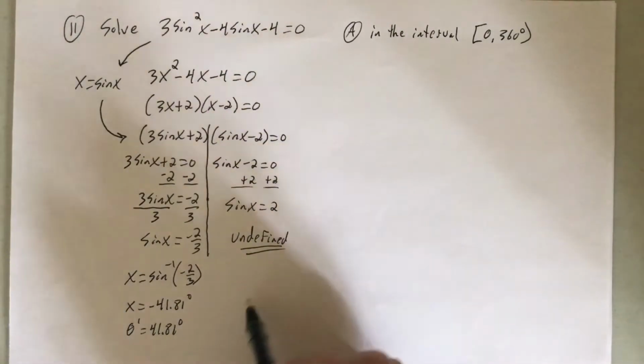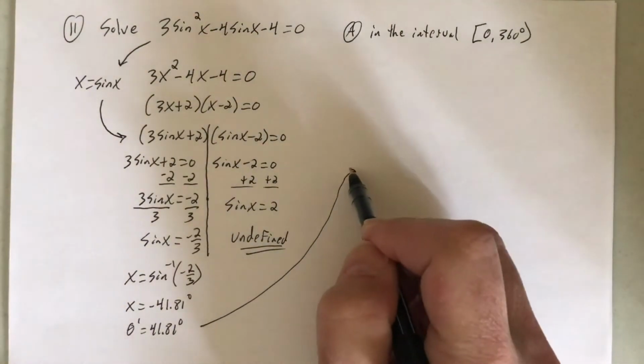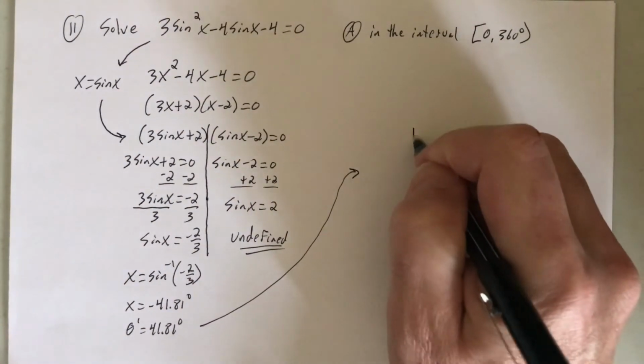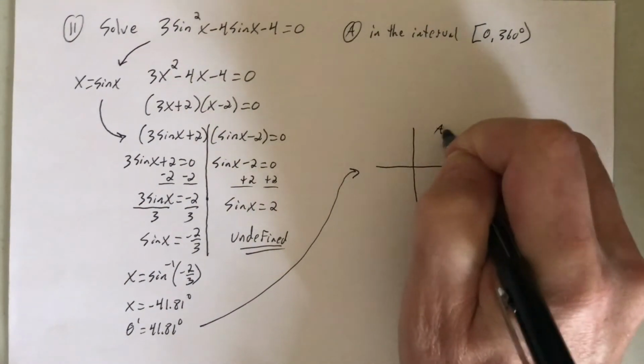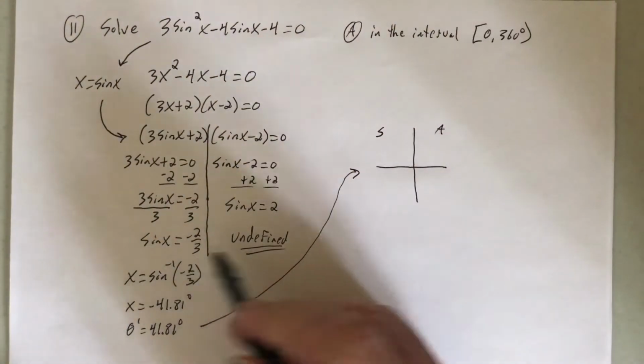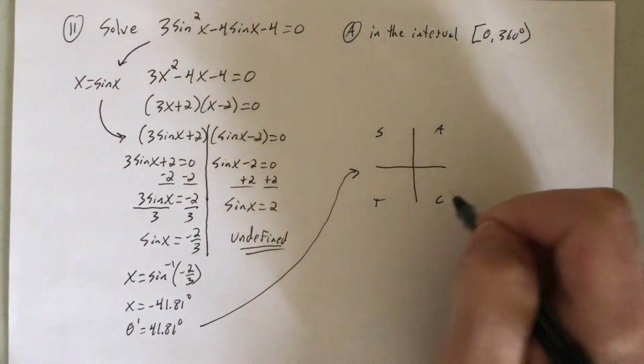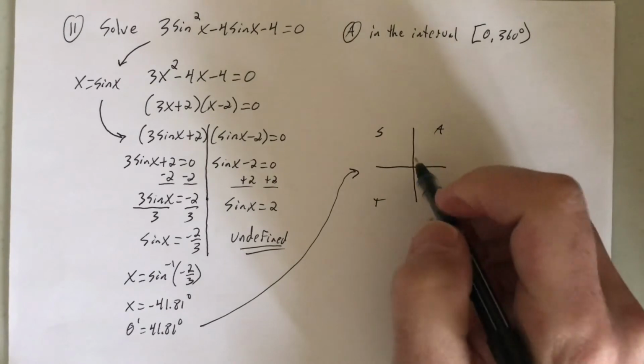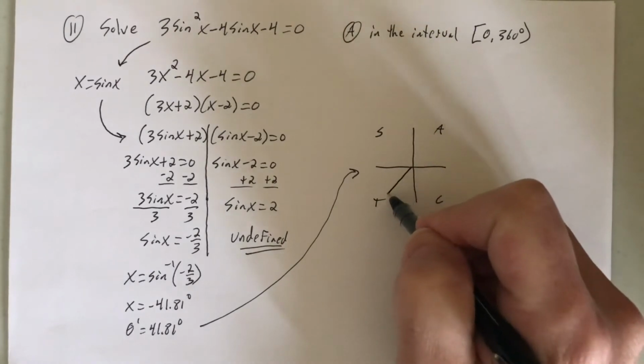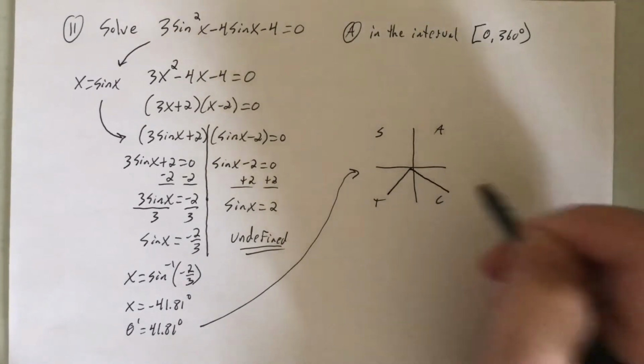So let's look at the signs. I'm going to take that over to here. So where is sine negative? All students take calculus. Sine is negative in quadrant 3 and it's negative in quadrant 4.